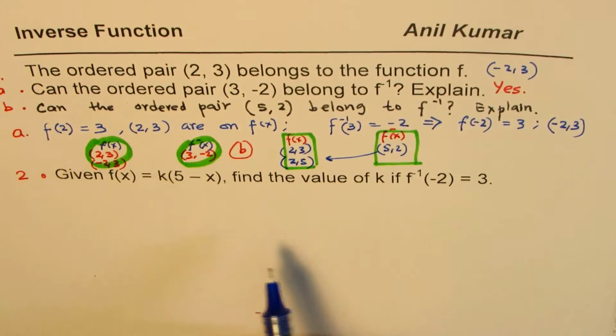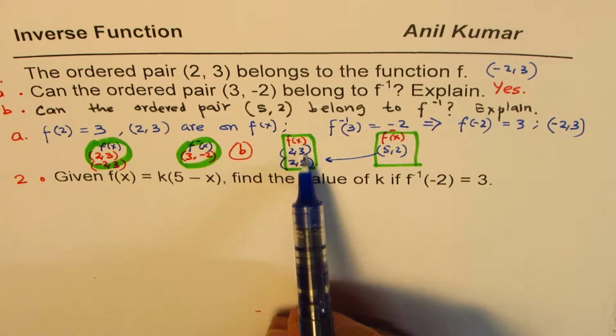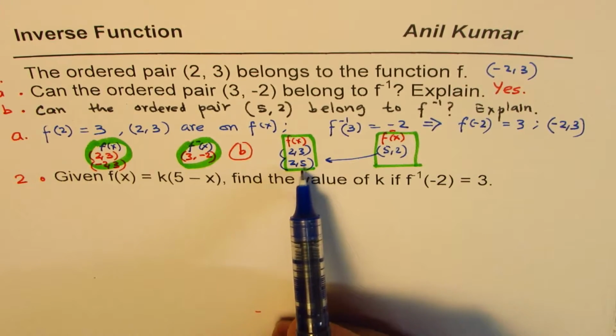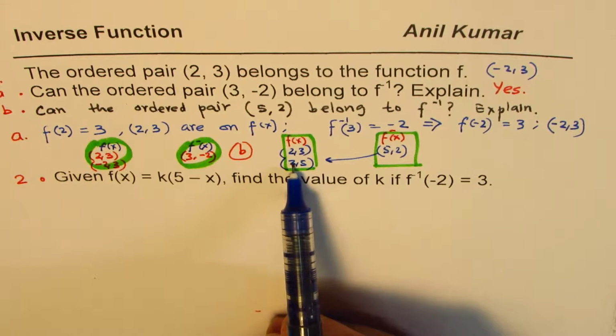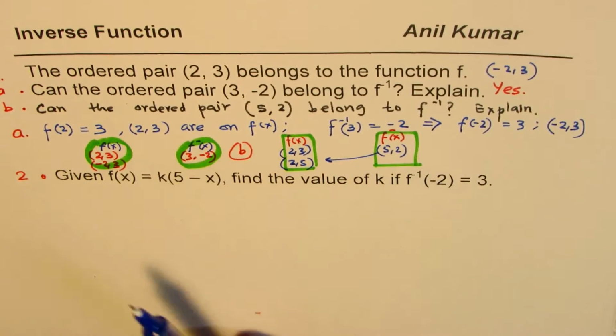Now what do you notice? For the same value of 2, we have the mapping 2 to 3. But if I have this point on the inverse, I'll have 2 to 5 also. So that means 2 is mapped to more than one value, so it is not a function. Therefore, that is not possible. Do you see that?